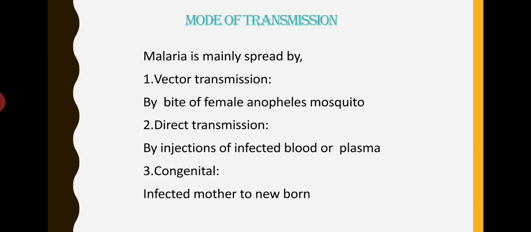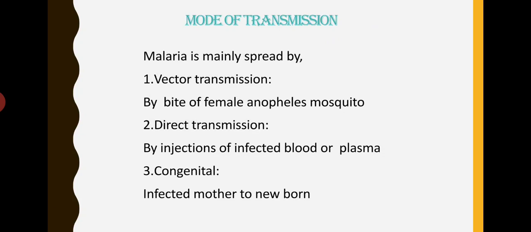When the blood of a patient suffering from malaria comes in contact with the blood of a normal healthy person, the infection may be transmitted through the blood or plasma.